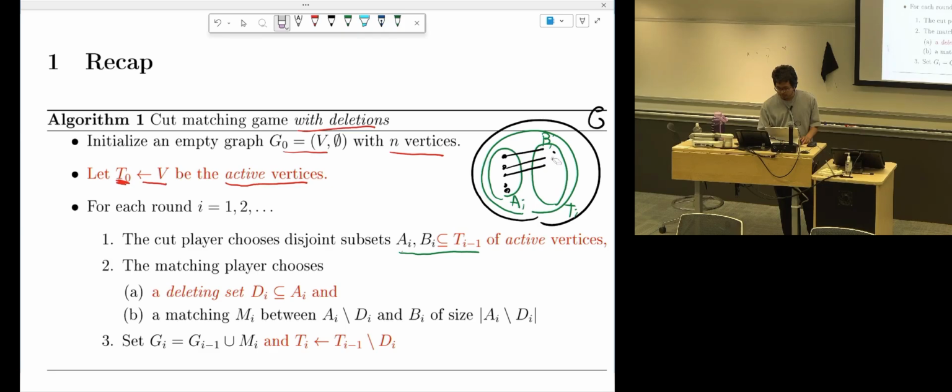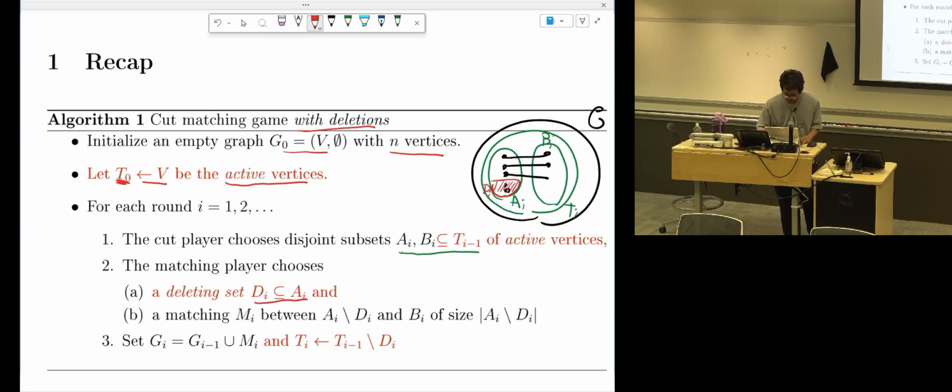For the one with deletion, the matching player will choose some set of A to delete, and the rest will be matched.